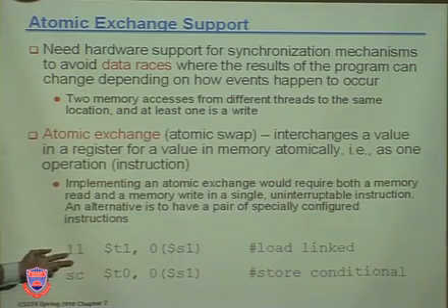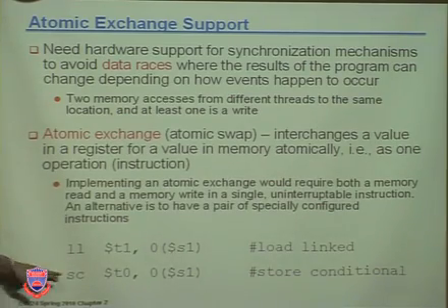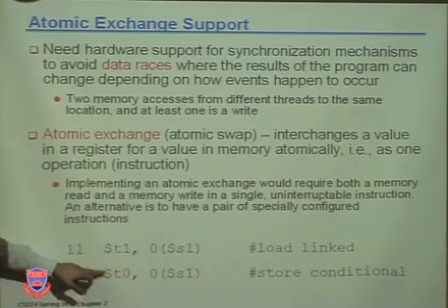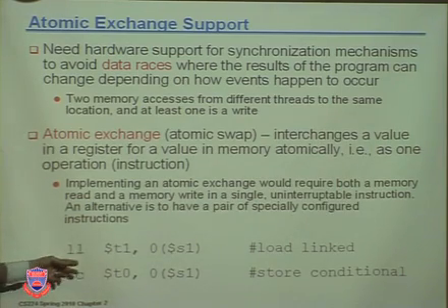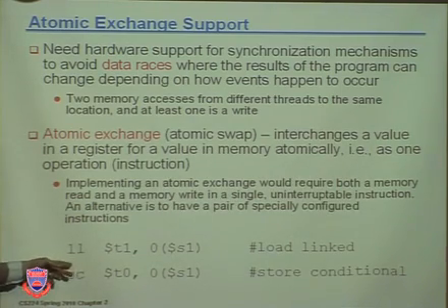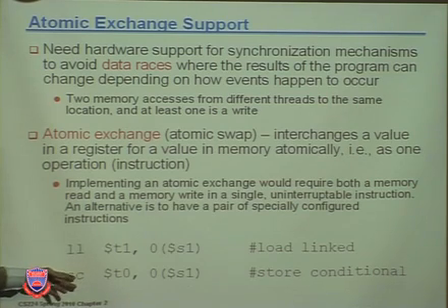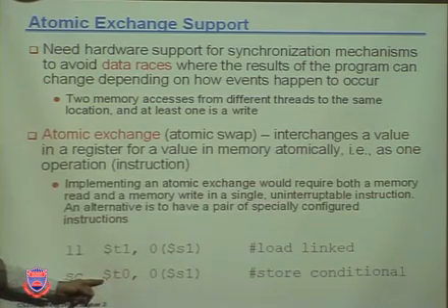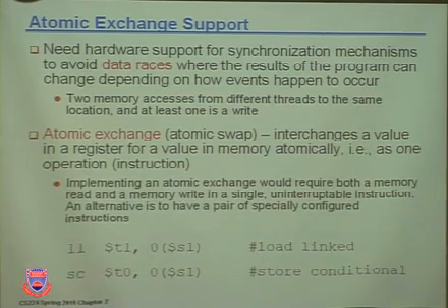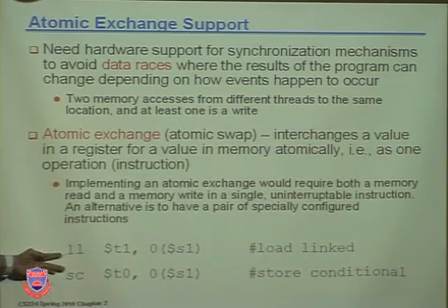How does it give the error? It modifies this T0 to be equal to 0. So if some other instruction tried to access the same memory location while you're computing this, this store conditional will return a 0 in T0, which will mean that there was a problem between these two instructions. Okay?